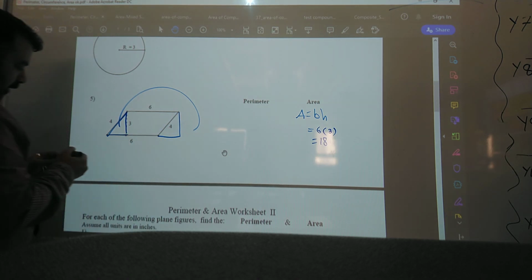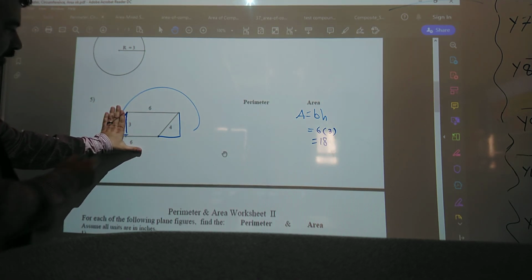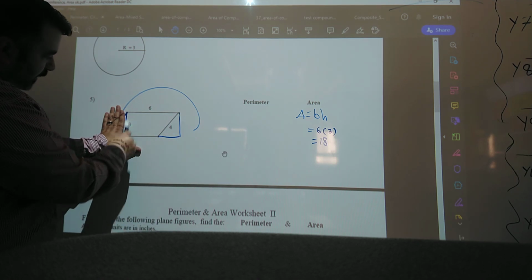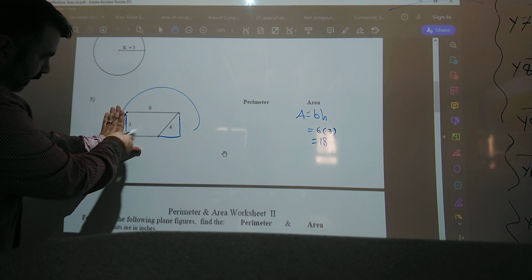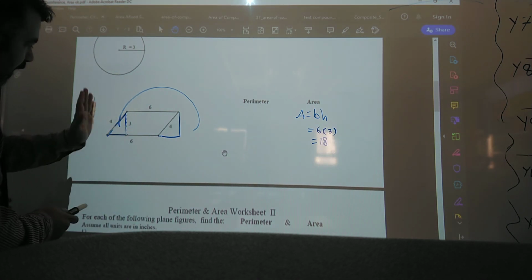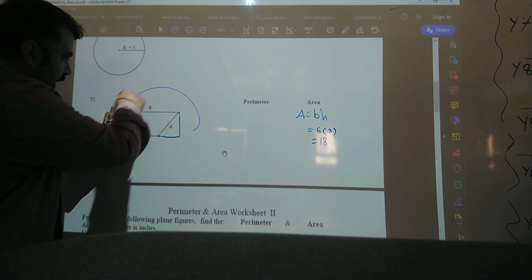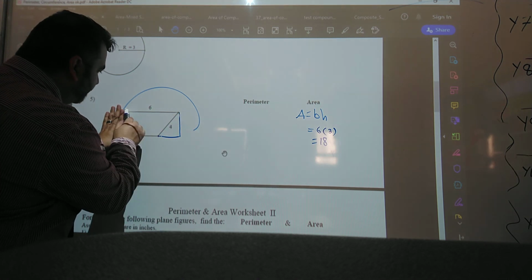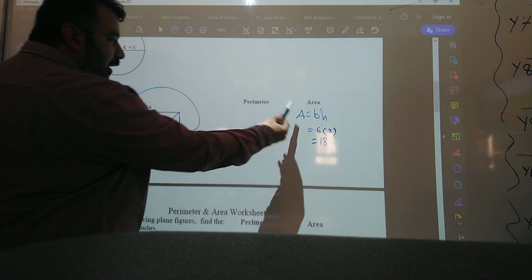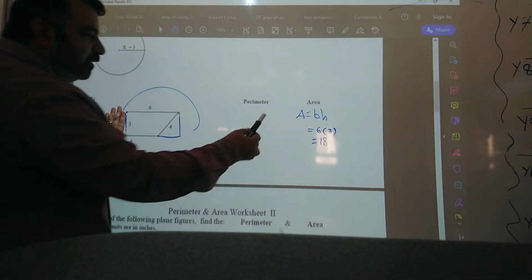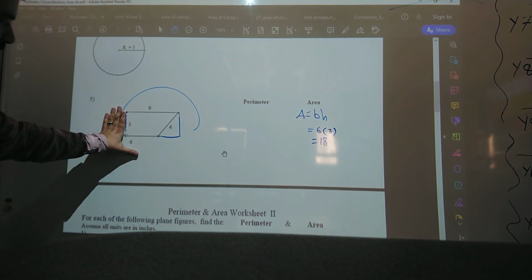So this one, look. See? Base. Where is the height? Here, look. So this is how you find out that this is the height. Not this one, not this one. If I just cut this area and place it here, it will add up to make a full rectangle. So that's why the area of the rectangle is the same as the area of the parallelogram.